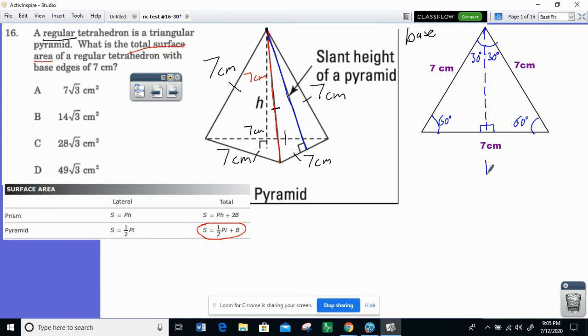Well, if we break that down to the way that we label a 30, 60, 90 triangle, this length would be 2x. Across from the 30-degree angle would be x, so half of 7 centimeters would be 3.5 centimeters. And then across from the 60-degree angle is x times the square root of 3, which would be 3.5 times the square root of 3 centimeters. So that is the slant height.